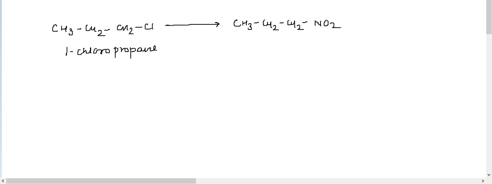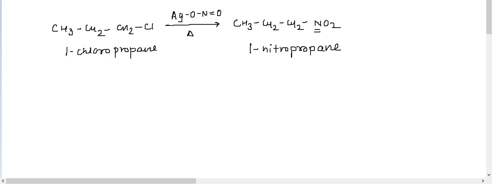See, they have asked us to convert to nitro, so the connection to carbon is through nitrogen. So the name of this compound is 1-nitropropane. Now how to convert this? We just have to heat this compound with AgNO2. Okay, we have to just react this compound with AgNO2.